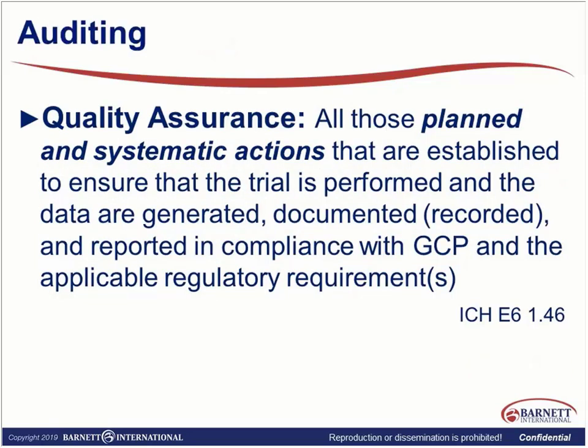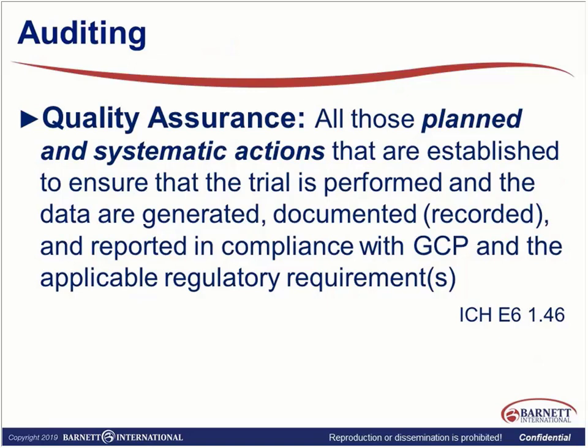Quality assurance are planned and systematic actions. So twice now we have seen the word systematic. When we are auditing, we are doing quality systems and subsystems audits. We're taking a top-down approach to how we go about assessing whether these systems are functional to be able to get us the information that we need.